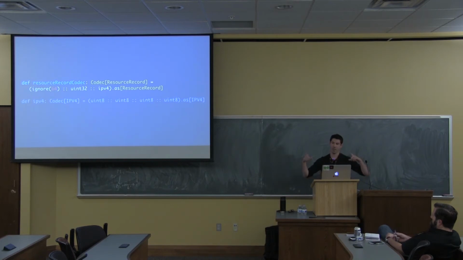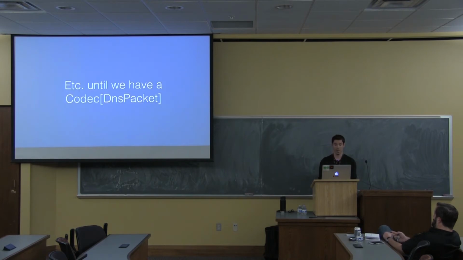Again, this is making this tuple and then, not casting, but compile-time generating it into the resource record class. And what's an IPv4 codec? It's a codec of 4 uint8 integers. You can see how we're nesting these codecs inside other codecs, and it's going to give us a way to make DNS packets, until we have codec DNS packet.